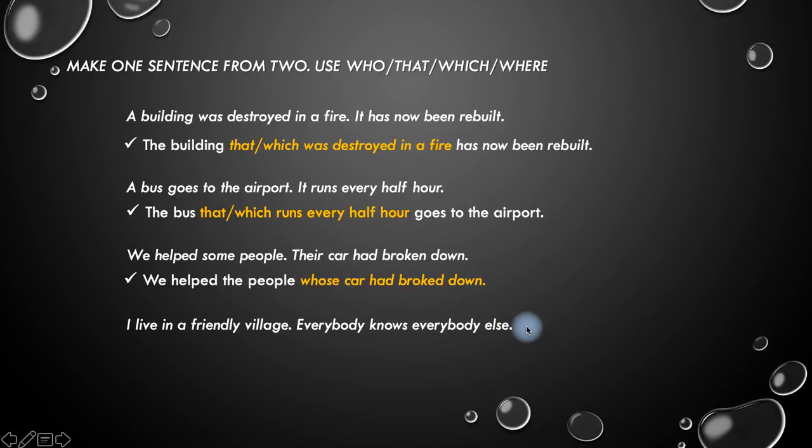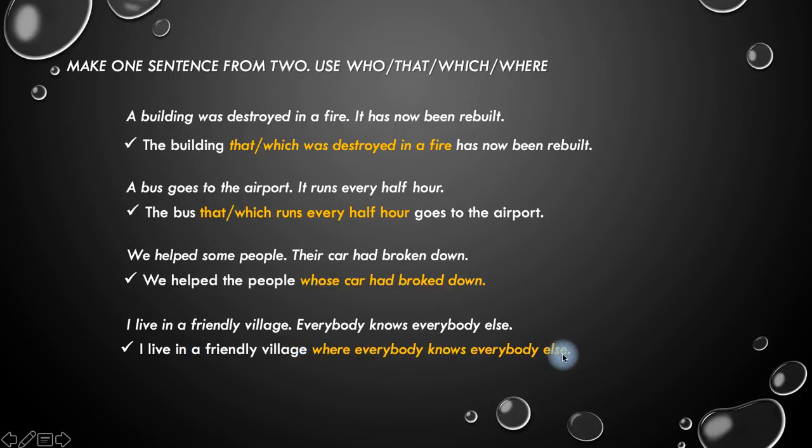So, how do we make a sentence with a relative clause out of these two sentences? Like this. I live in a friendly village where everybody knows everybody else. Where defines a place, yeah? Where defines this village. That's why we use where in this relative clause.